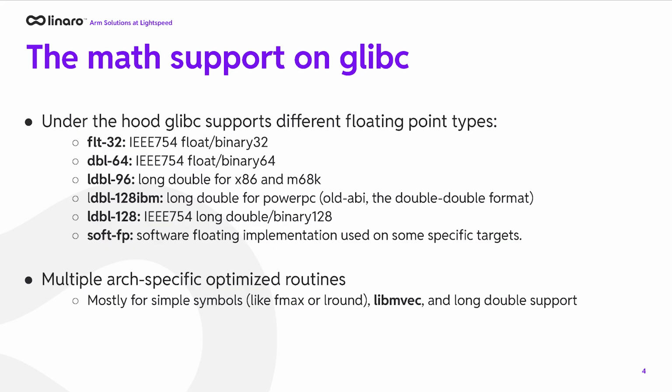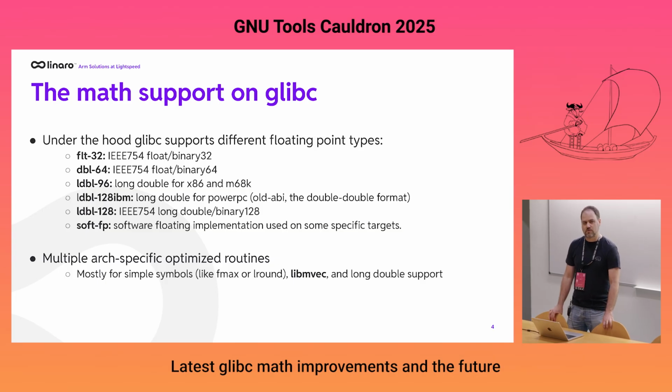We have the IBM long double, which is a trick PowerPC does for this ABI, a long double that is formed with 2 doubles because the hardware, at least the old hardware, does not have support. We have the float128 support, which is provided in some architectures either as long double or as an extension as float128. And we also have some implementations for soft float, which does not use floating types internally, but provide float implementations for some architectures.